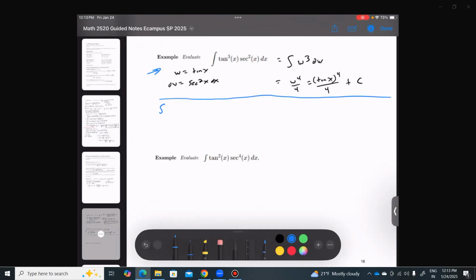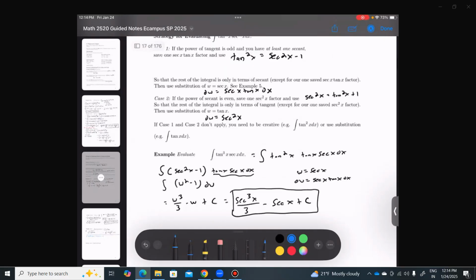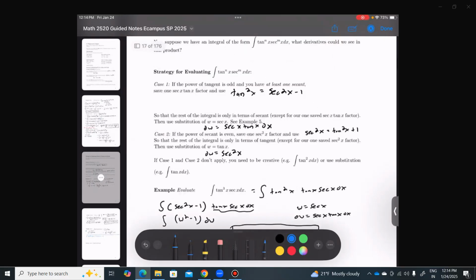So if we break this into tangent squared x and secant x, and then tangent x secant x dx. The tangent squared x we would have to break into, and that's what I was kind of forgetting to do, secant squared x minus 1.